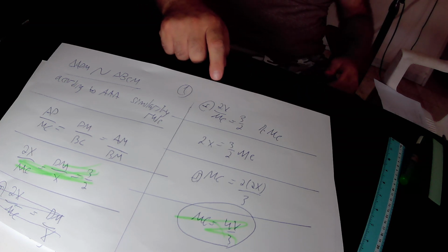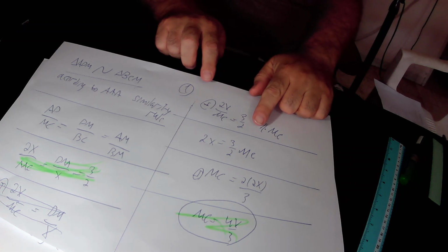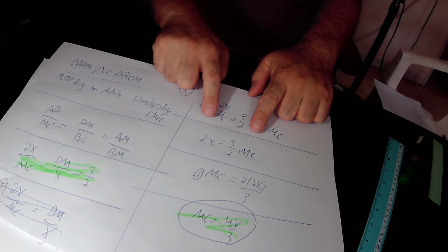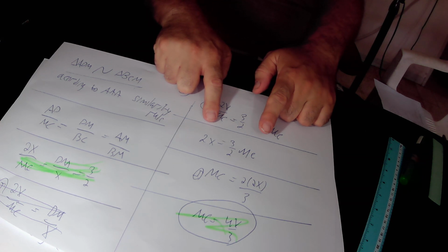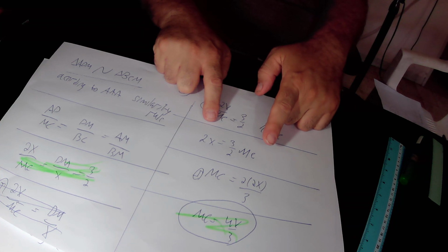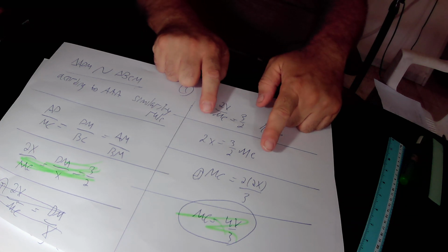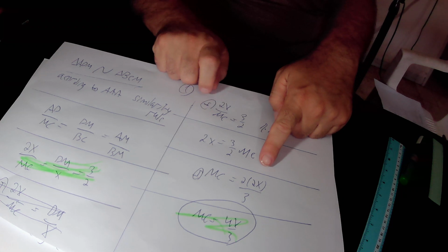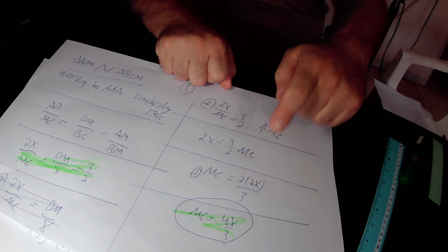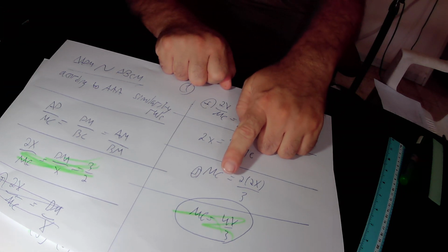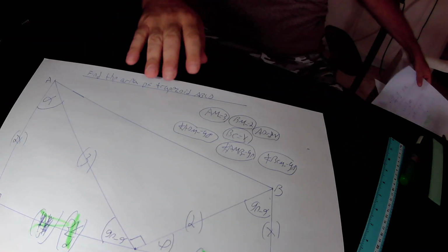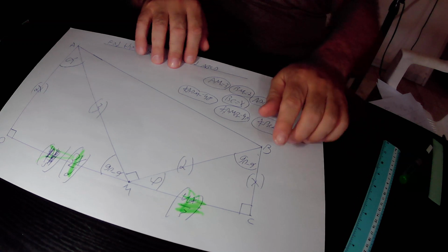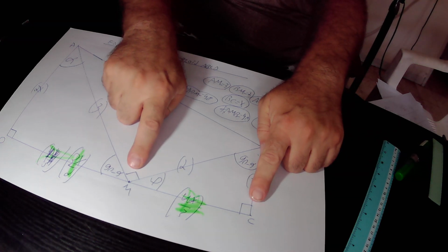Then we multiply this equation by 2 and divide it by 3 simultaneously, and finally find that MC equals 2/3 times 2x. 2 times 2x is 4x, so in total this expression equals 4x over 3. So MC equals 4x over 3.